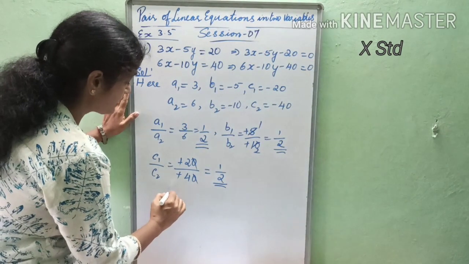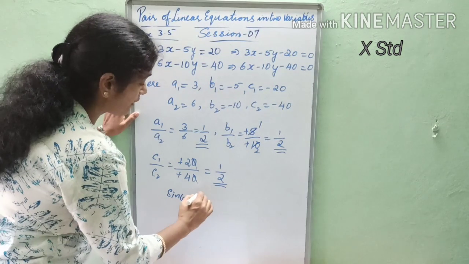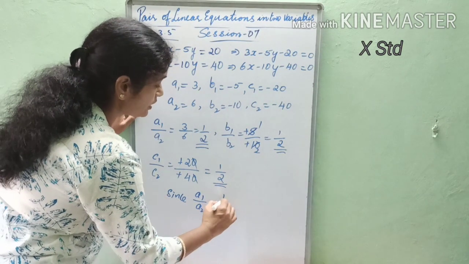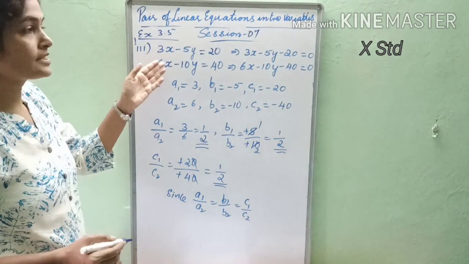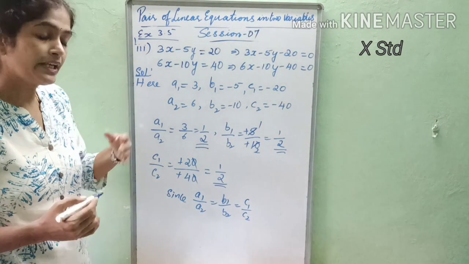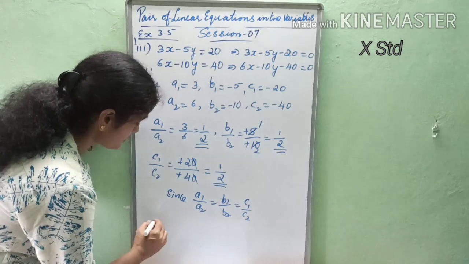Therefore, since A1 by A2 is equal to B1 by B2 equal to C1 by C2, the system of linear equations given has infinitely many solutions.